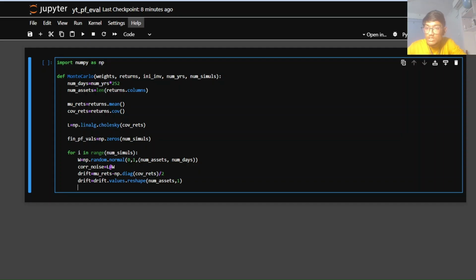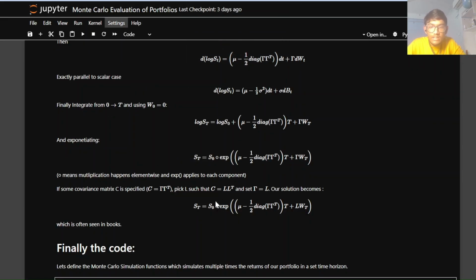And finally I need to sum both of these terms, correlated noise and this drift term, and take its exponent. I'm defining daily returns to be St upon S naught, so that is equal to e to the power of the sum of both the terms, right?